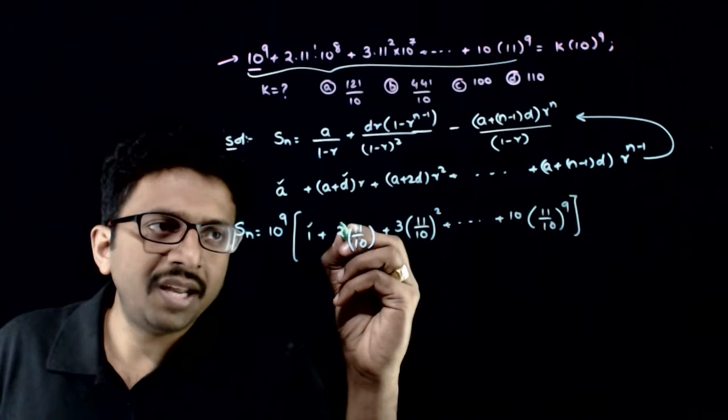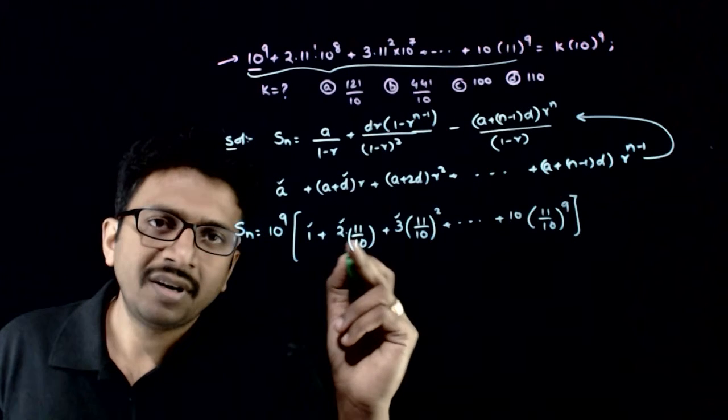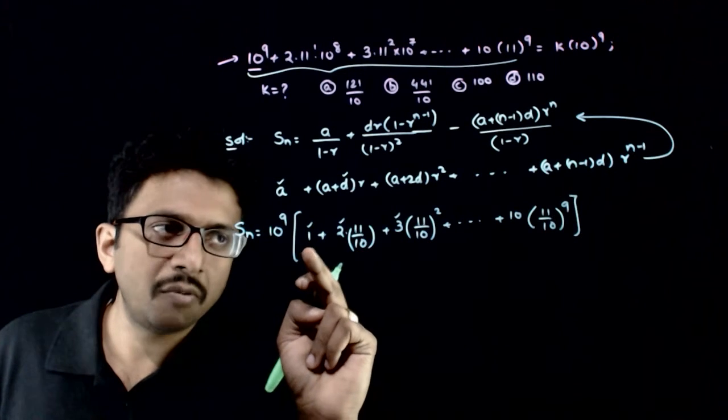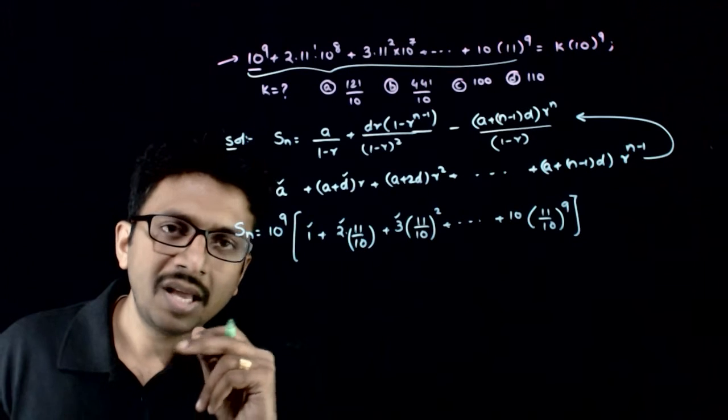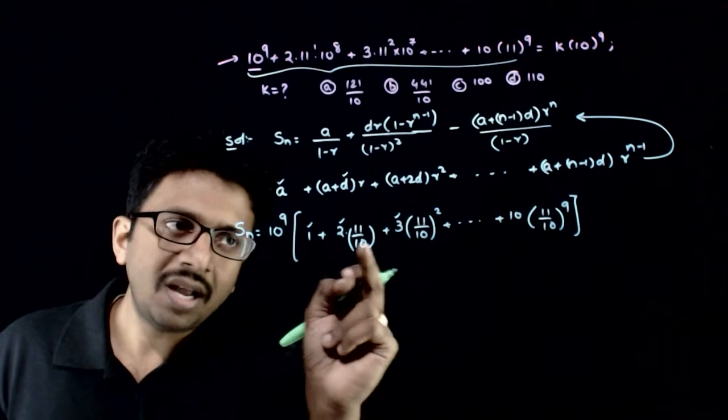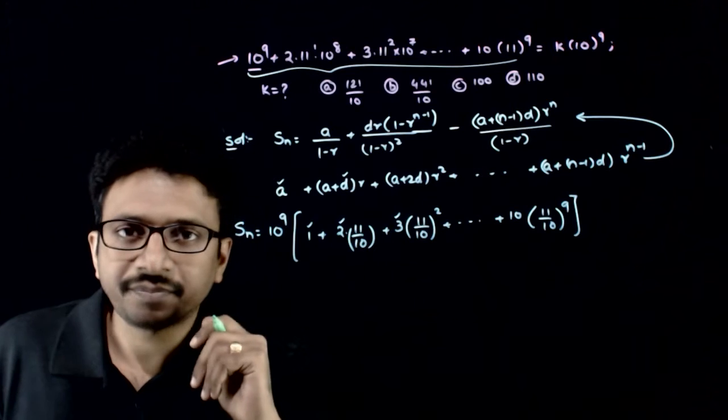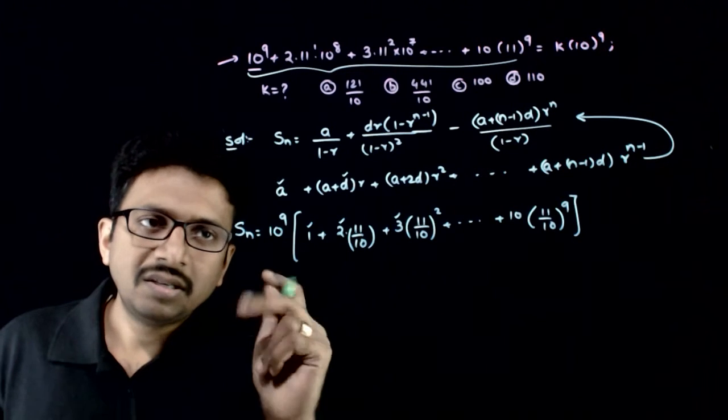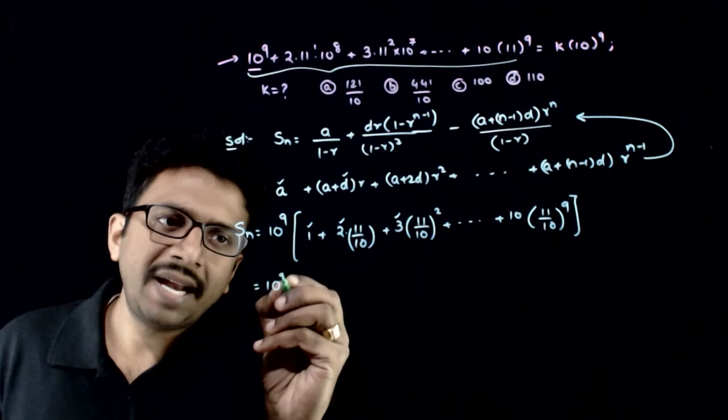The first term of the AP is 1 and the common difference is 1, because the AP goes 1, 2, 3 up to 10. The first term of the GP is 1 and the common ratio is 11/10.